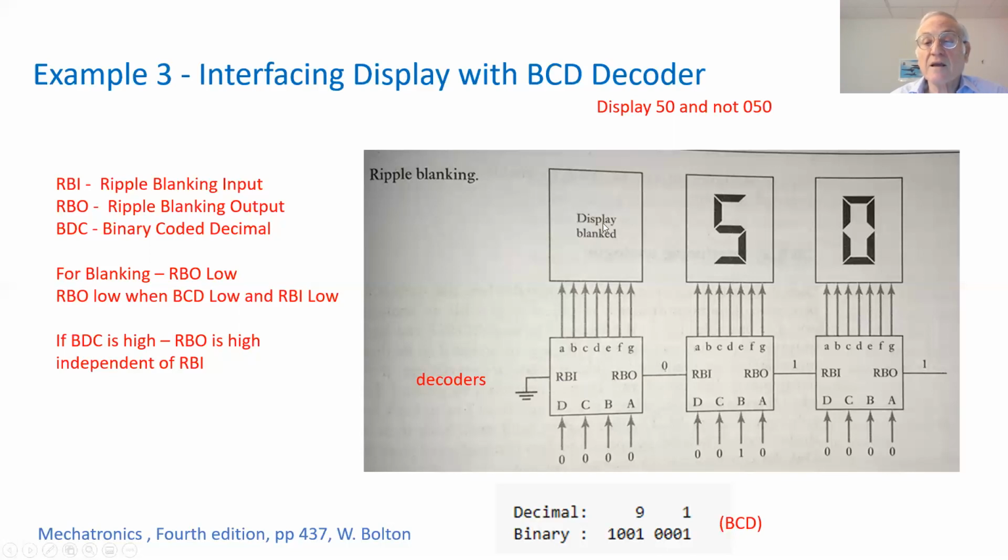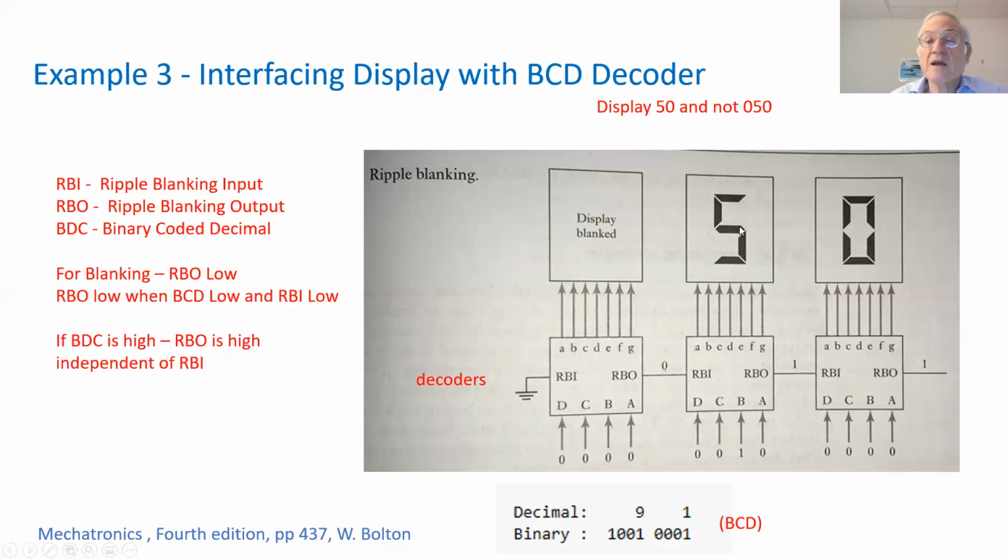Therefore, we get a blank display. Over here, RBO is 0. We can still feed it into the RBI. And we have over here the BDC is on, the RBI is off, and the RBO is on.